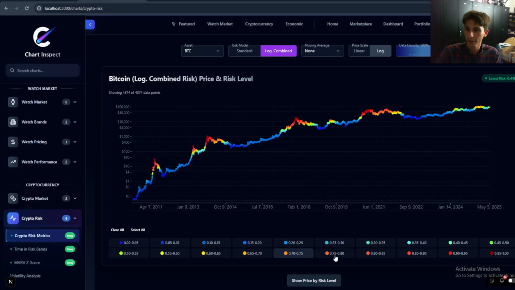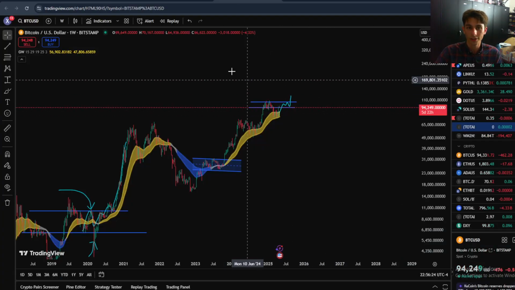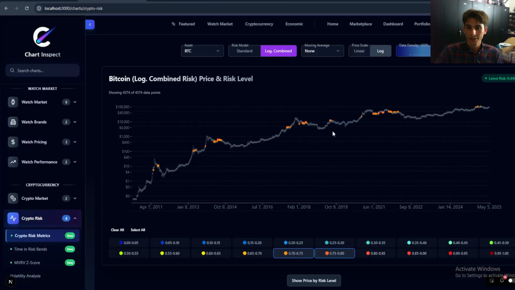That was flashing these values right here, similar to 2019 as well. I would say that's a pretty interesting thing to watch. If we don't hold these levels, maybe we could see a little bit of an extra drawdown, and then finally another leg up.